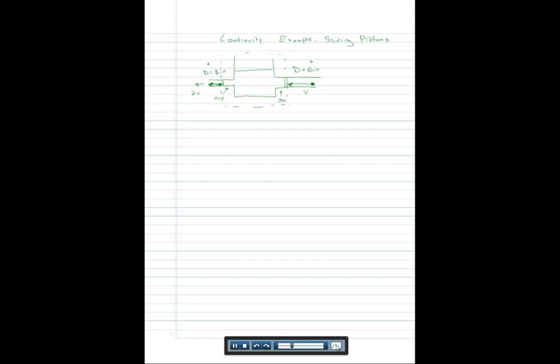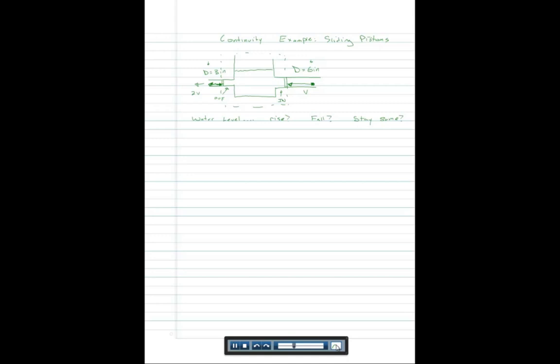And one thing I like to do is ask students just to guess based on intuition if it's rising, falling, or staying the same. So, water level, does it rise? Does it fall? Or does it stay the same?